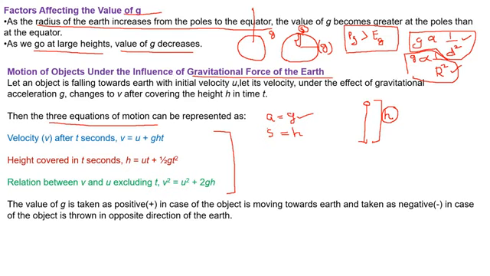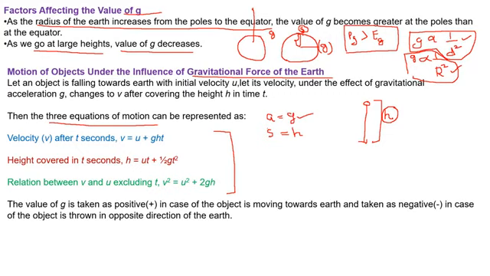Now here the second equation, s = ut + half at square, will become s = ut + half gt square. And here, v square = u square + 2gh.